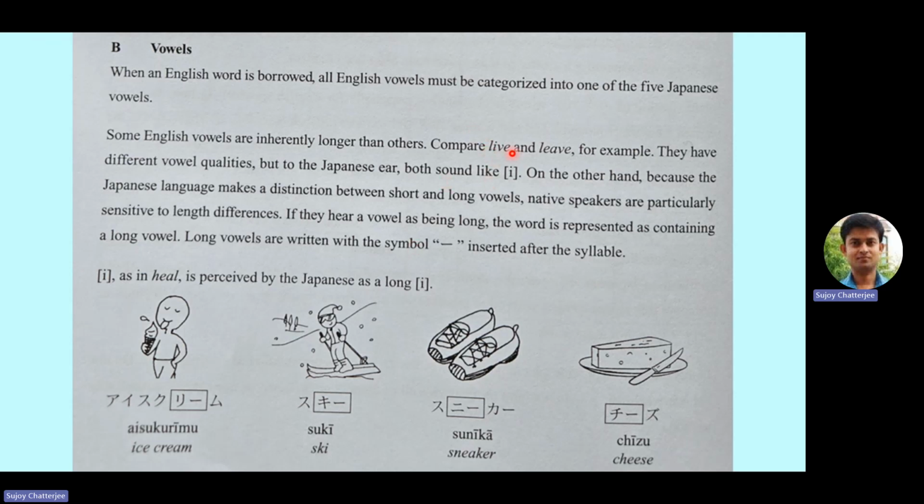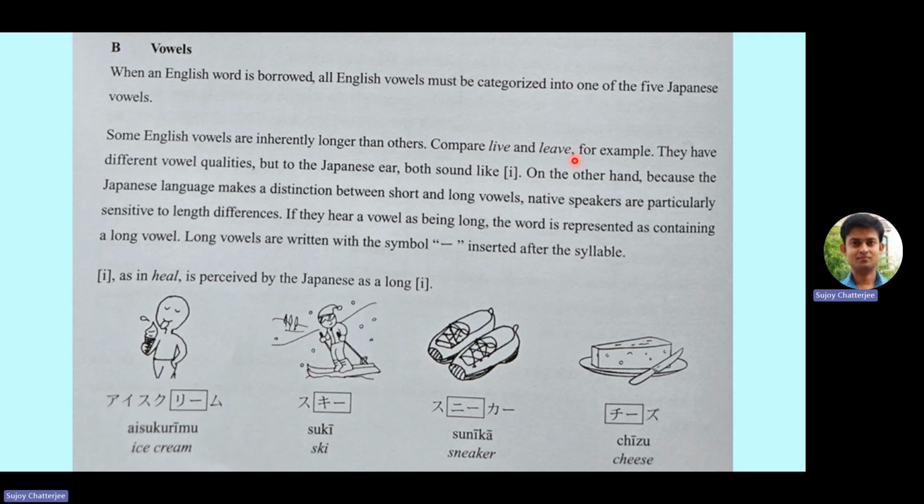This is not live as in the adjective, it's to live, like that. So live, and this is leave. This is the shorter vowel and this is the longer vowel. In Japanese there is only one sound which gives the E sound.